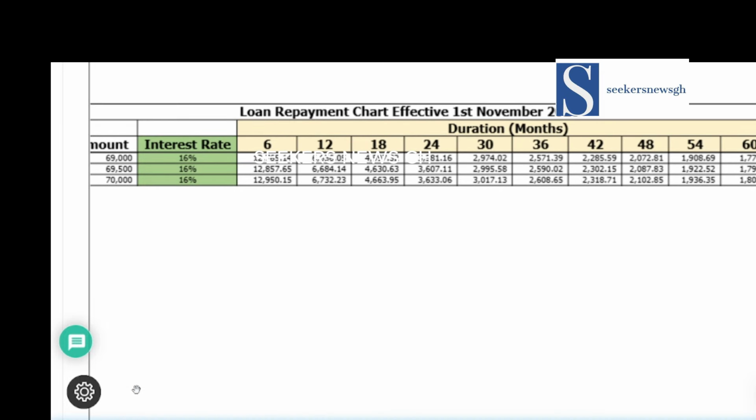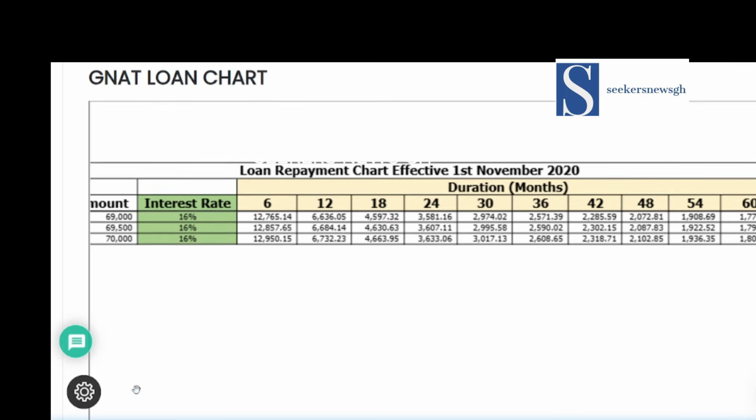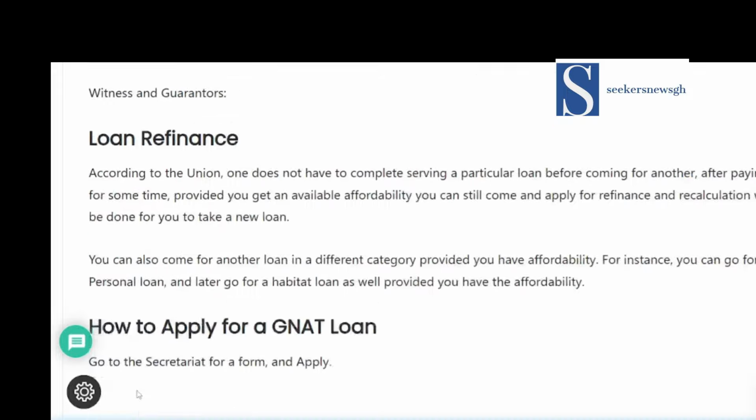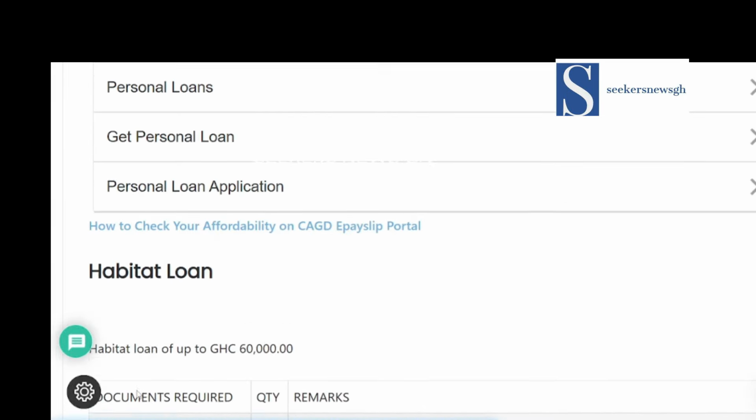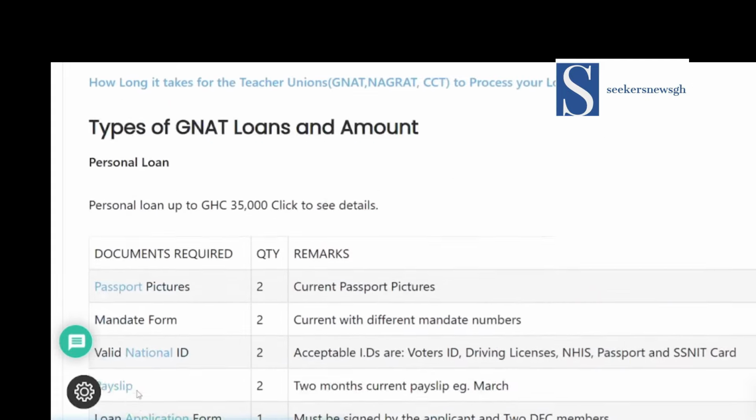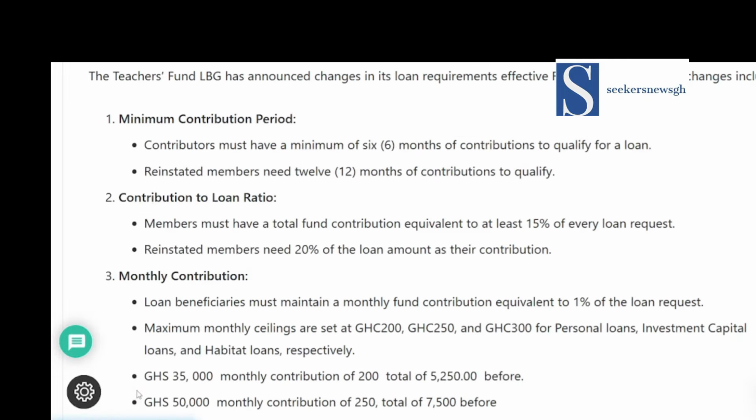So that is it. You can just pause the video and look at it and satisfy yourself, and you can go. So let's look at the whole show, the loan amount, the different types of loan, and how much you can take.